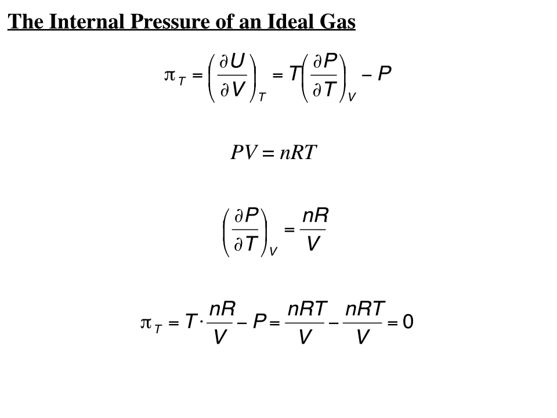So now, not only can we hand-wavingly argue that the internal pressure of an ideal gas is 0, with the ideas of Maxwell relations and the fundamental equation, we can mathematically prove that the internal pressure of an ideal gas is 0.